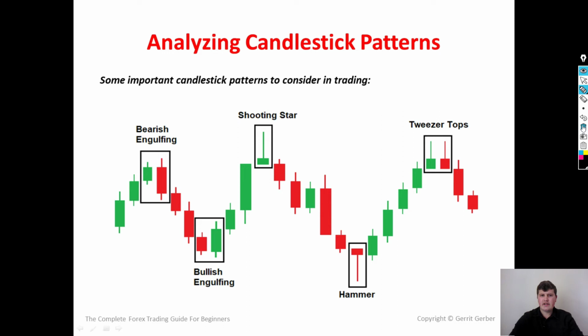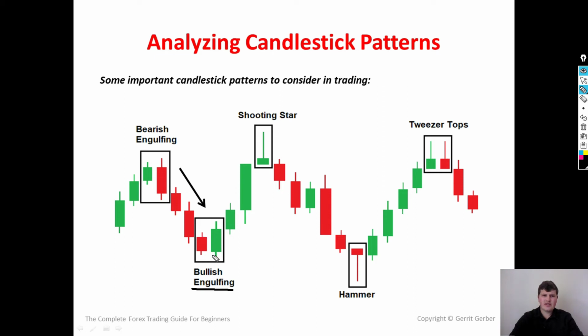And when this pattern appears in the market, it is likely that price will continue lower or decrease. And just like the bearish engulfing candle, there's also a bullish engulfing candle where the reverse is true, where the second candle, the bigger candle, is always the bullish candle, and the first candle can be either a red or green candle.